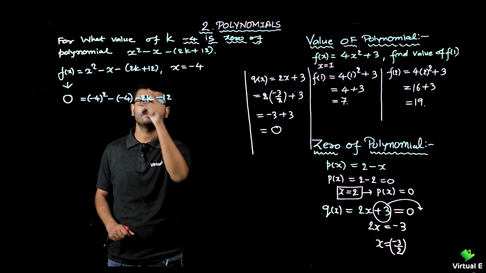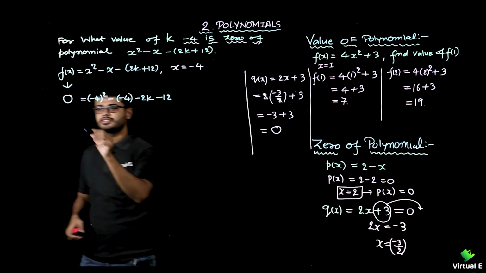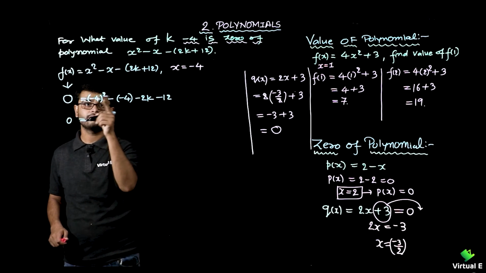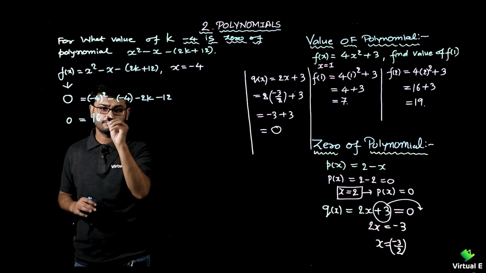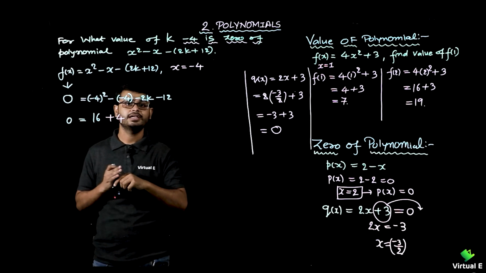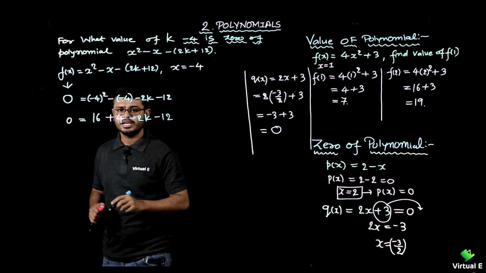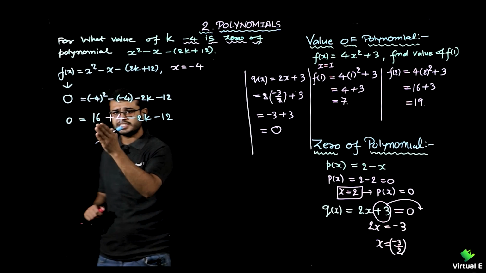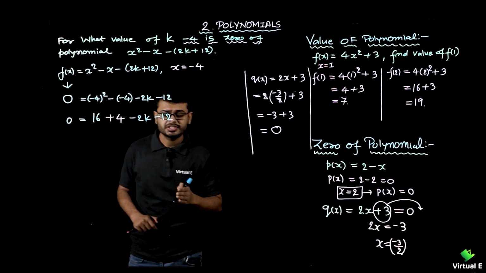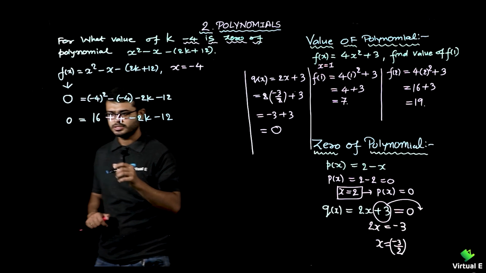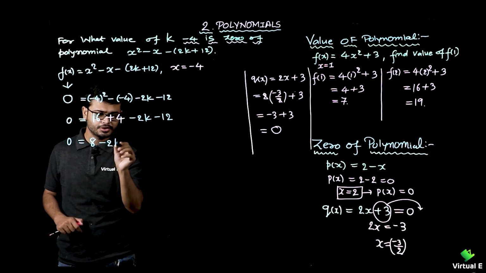Now let's simplify it. So 0 = (-4)², that is 16, minus minus 4, that is plus 4, and here minus 2k and minus 12. 16 and 4 will give you 20, and minus 12 will give you 8. So I can write 0 = 8 - 2k.